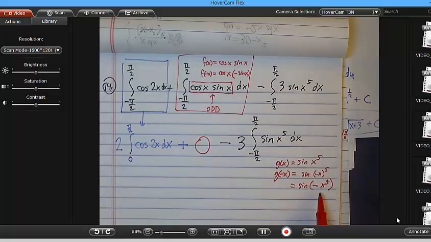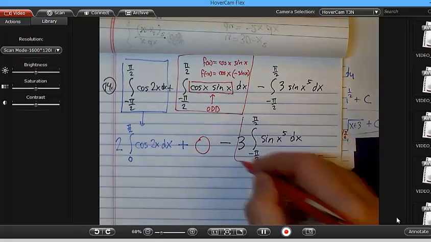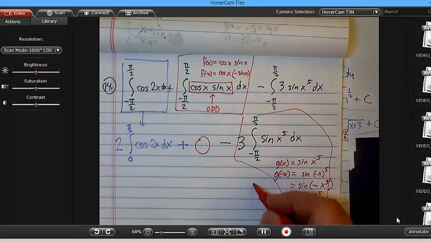And now what do we know about the sine? Is it even or odd? So that equals, because it's an odd function, negative sine of x to the 5th. And so g of x is odd. Well, if this whole thing is odd, then what's this all equal? 0.